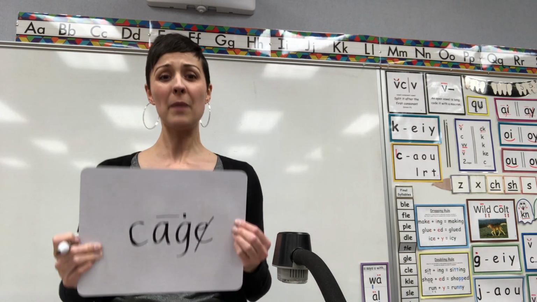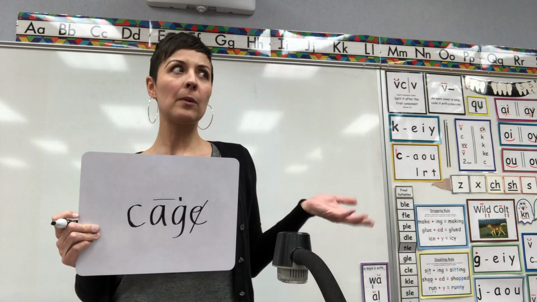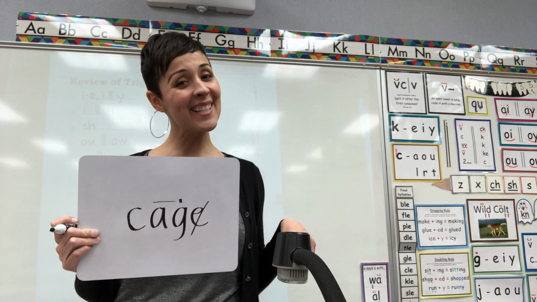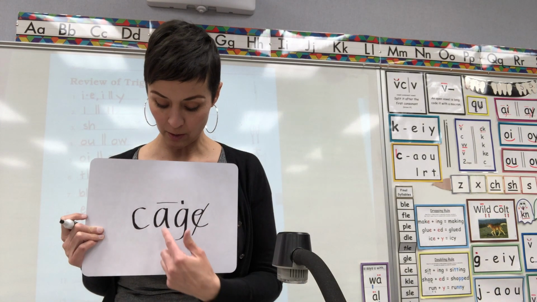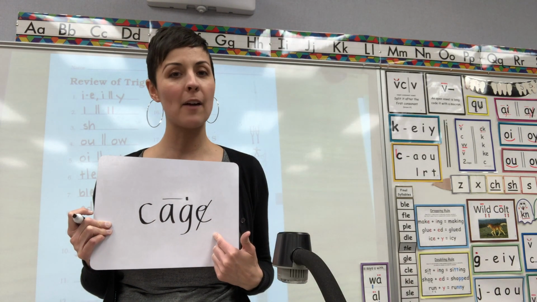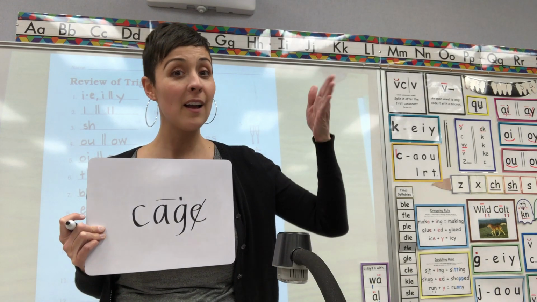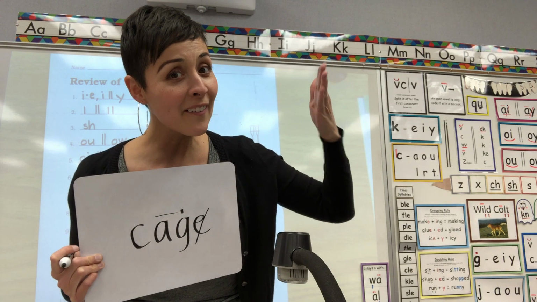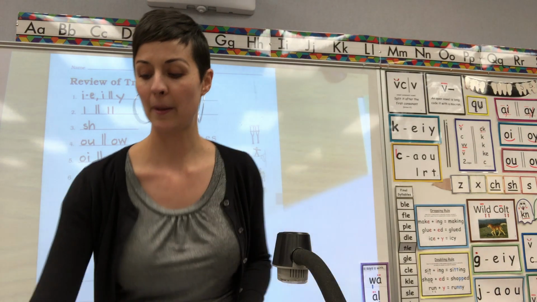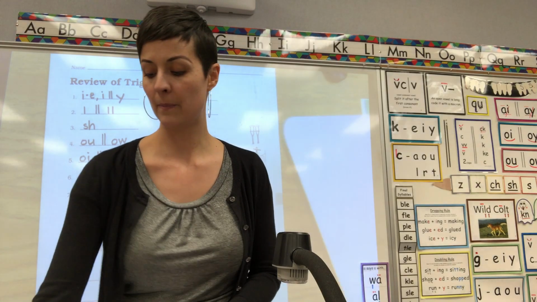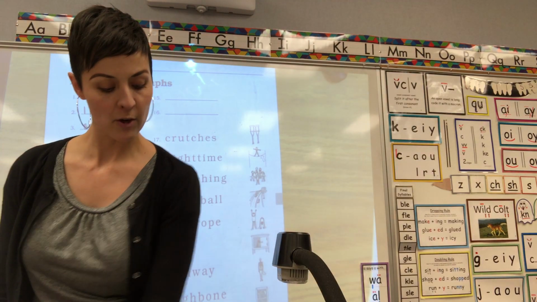What? Miss Smith, you did it again. I thought you were only using trigraphs. I was. But I wanted to see if you still remembered after a long vowel we use G-E. We only use trigraph D-G-E after a short vowel. Ooh, did you know it? After a short vowel. You got it. Okay, erase, erase.